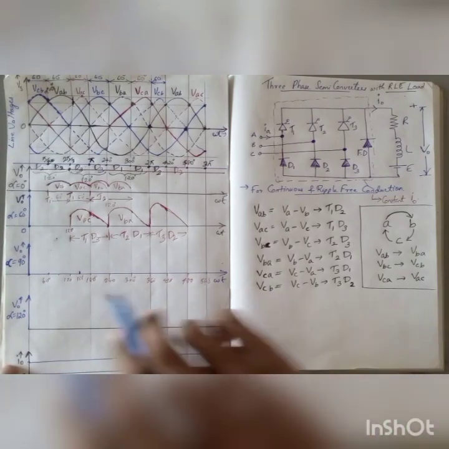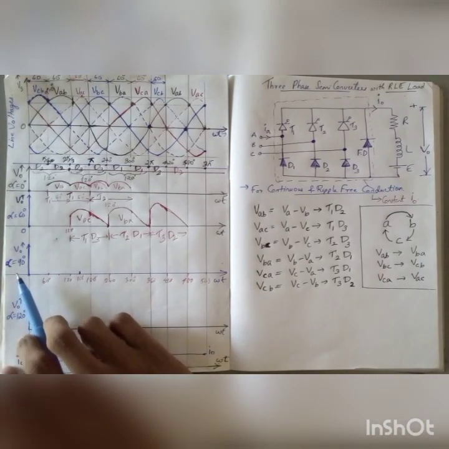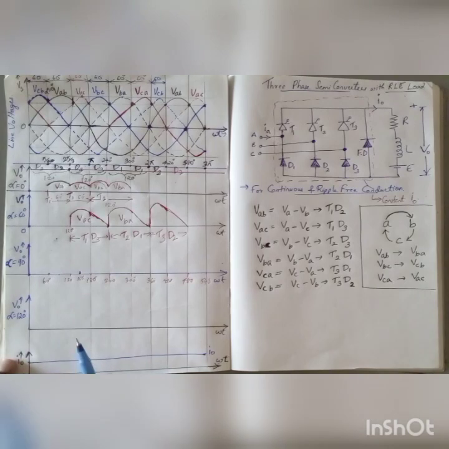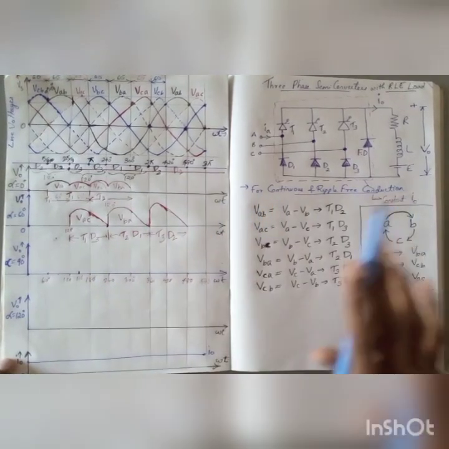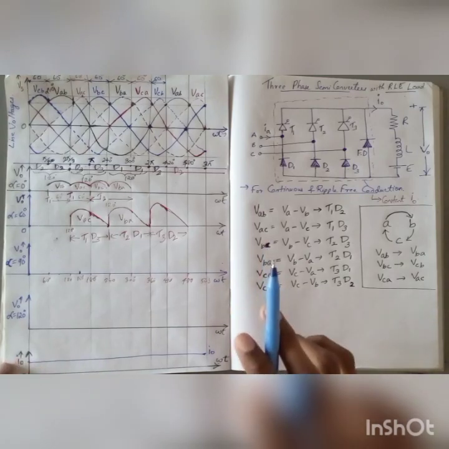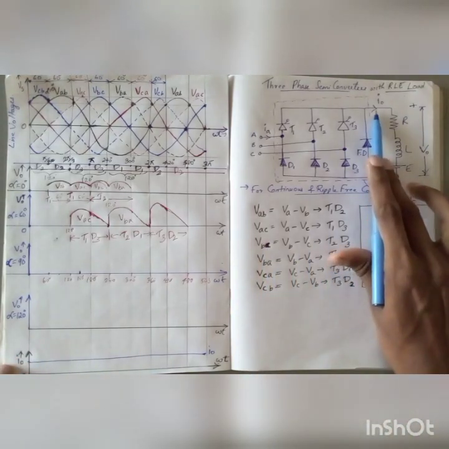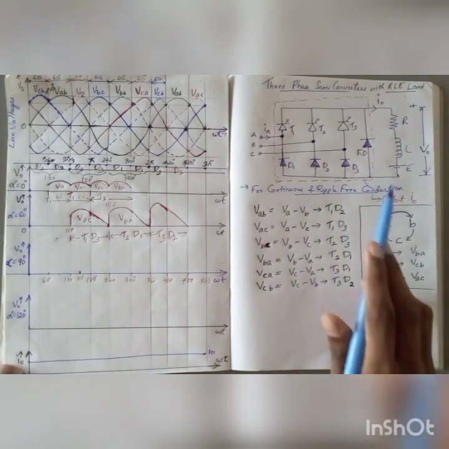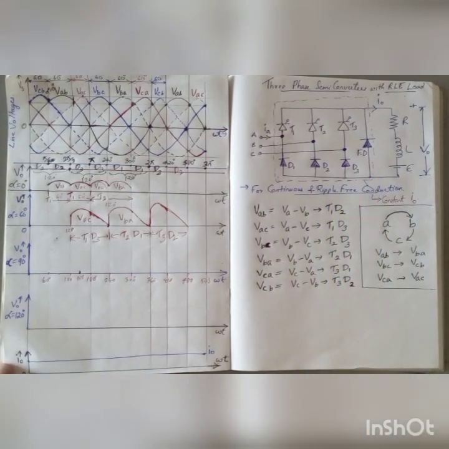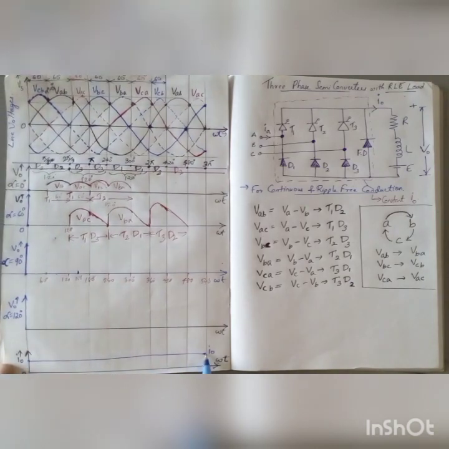Before discussing the case of firing angle alpha equal to 90 degree, I have left a very important point. All these analyses were done with an assumption that the load current I0 is continuous and ripple free. Continuous and ripple free means it will always have a constant value, and it is an assumption.